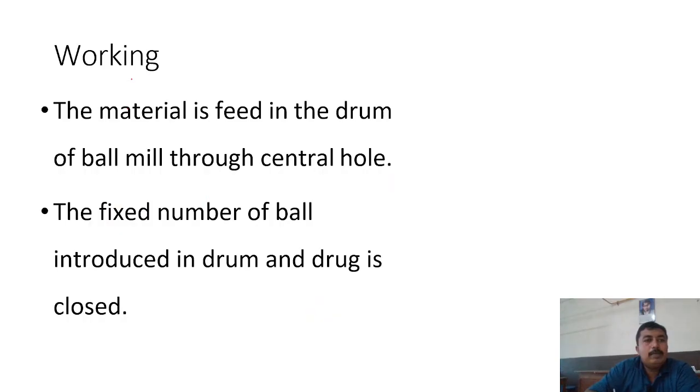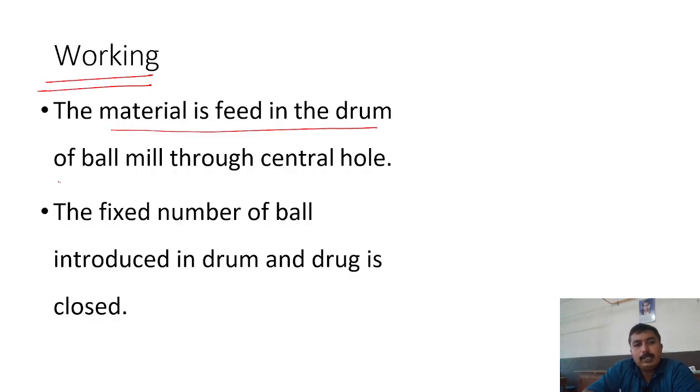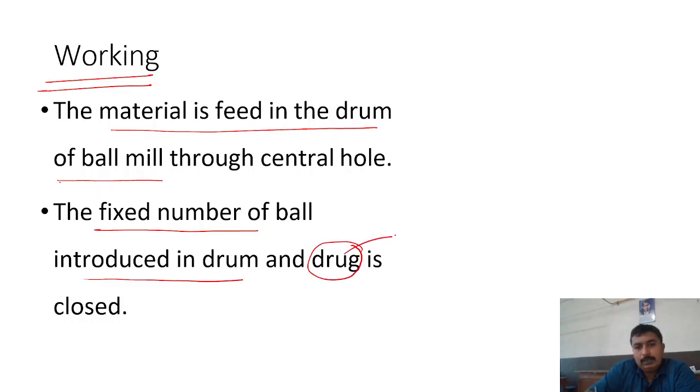Let's see the working of the ball mill. So how does a ball mill actually work? First of all, the material is fed into the drum, the central rotating drum. Later on, a fixed number of stainless steel balls are introduced in the drum.